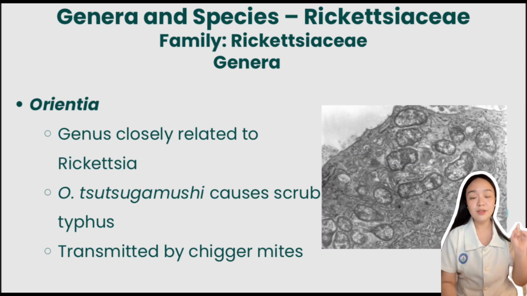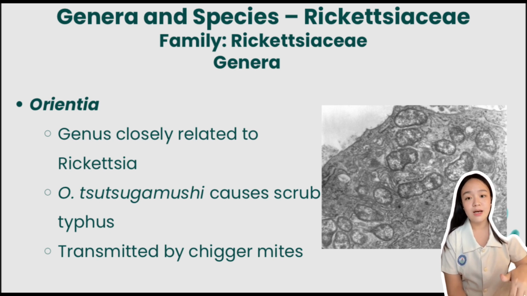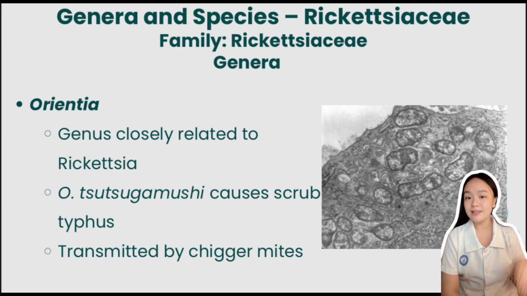Next one is the Orientia. For those people na mahilig mag-hiking or mag-picnic tapos maggulong-gulong sa grasses, kailangan nilang pakinggan ito. Orientia, genus closely related to Rickettsia. So, it is yung parang pinsan ng genus na Rickettsia. Yung main species dito is Orientia tsutsugamushi that can cause scrub typhus.